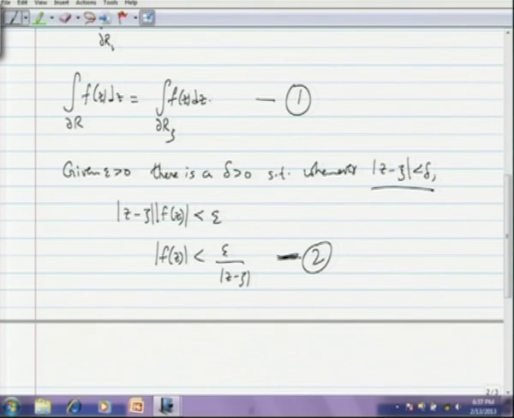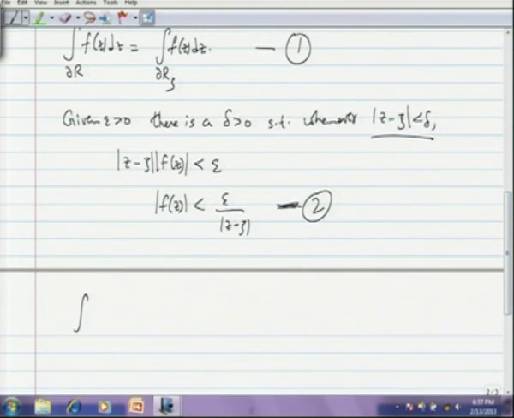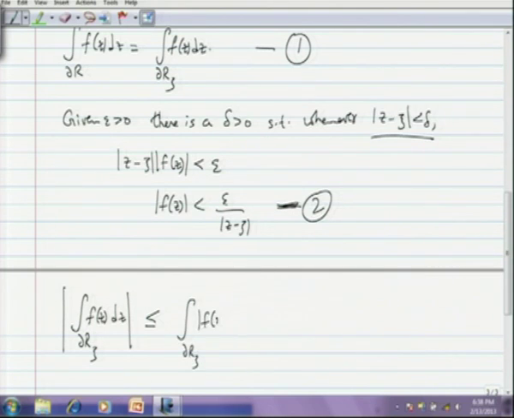And by the estimation theorem we had in the last session, the modulus of the integration over the boundary of R zeta of f of z dz is less than or equal to the integration over the boundary of R zeta of the modulus of f of z times modulus of dz, which is now, by 2, less than or equal to epsilon times the integration over the boundary of R zeta of modulus of dz by modulus of z minus zeta.